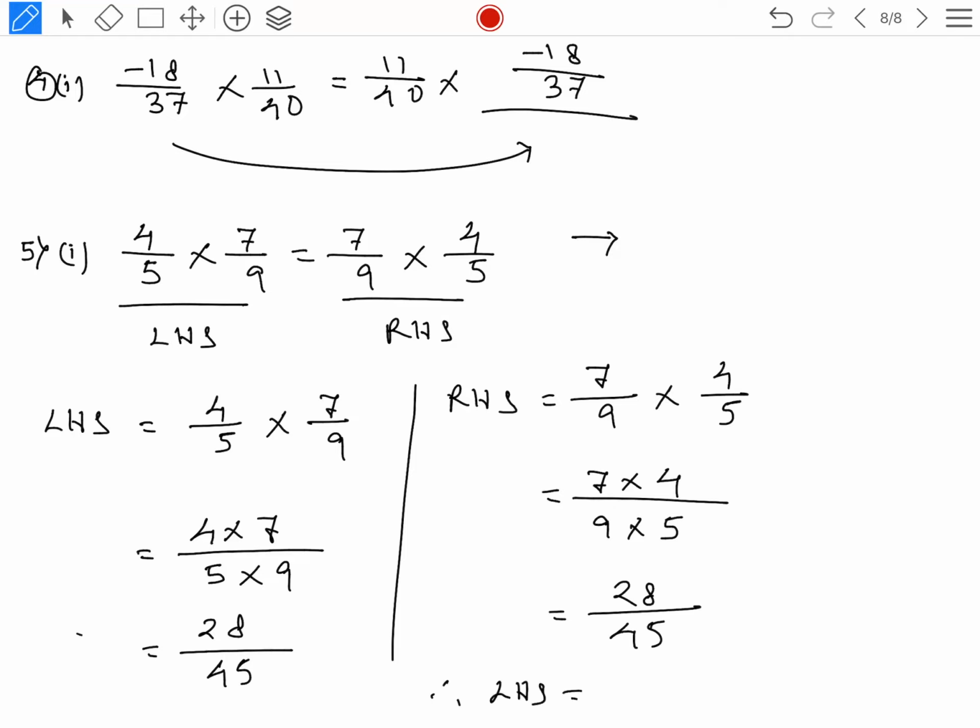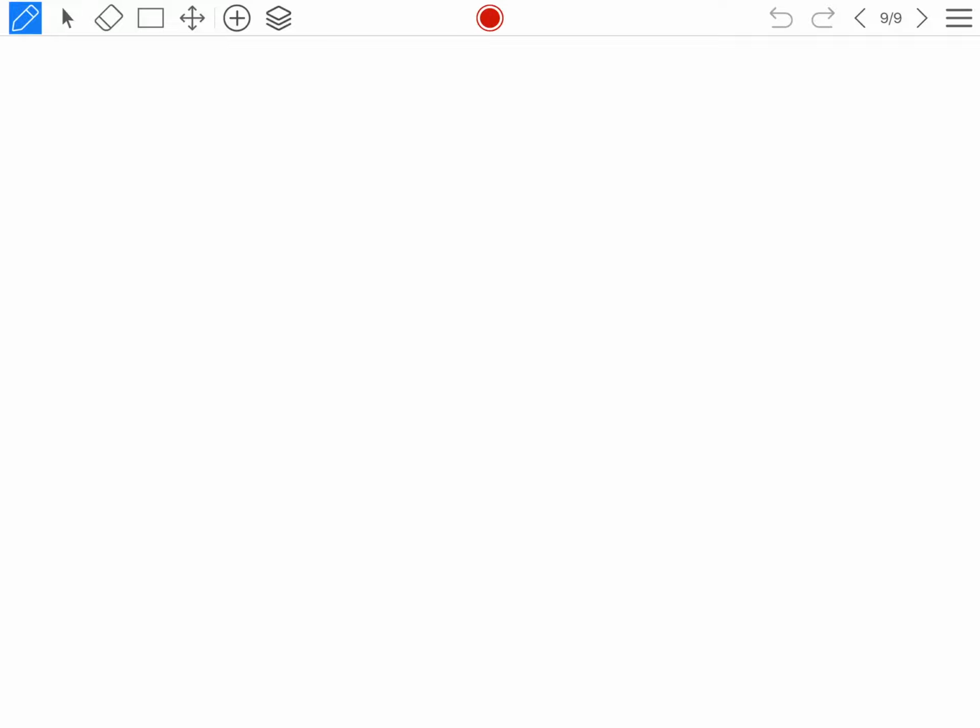So from these two what we can say? Therefore left hand side is equal to right hand side. Okay, that means 4 by 5 into 7 by 9 is equal to 7 by 9 into 4 by 5. So hence verified. Okay, hence verified. What is the name of the property you will write. Then number 2 you can do by yourself.